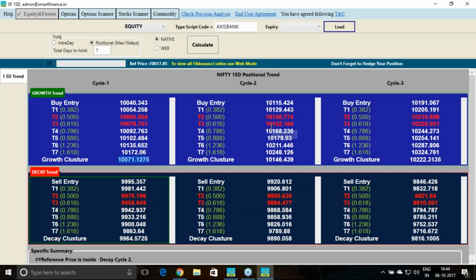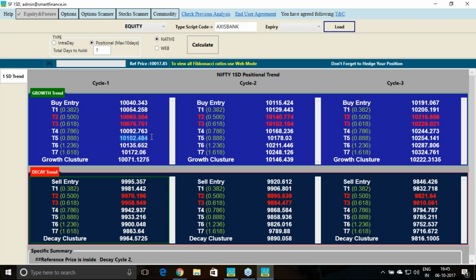Similarly, if the price opens in the second cycle, then your growth cluster will be its stop loss, and your targets will go on in the same manner. Suppose the price on Monday has opened at 10,100.